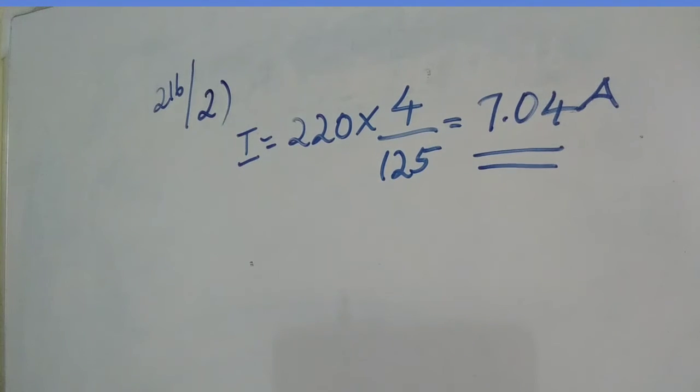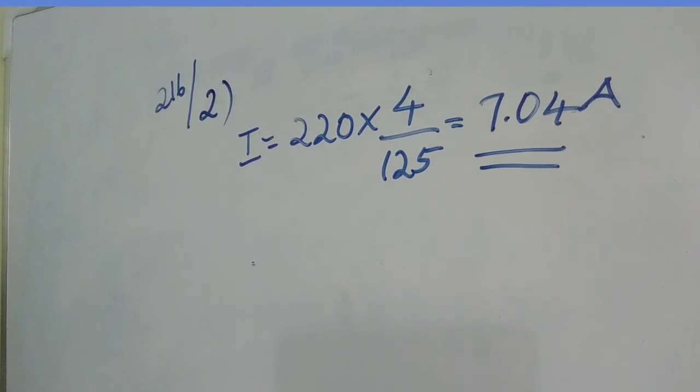Okay. The next part of the question is, what is the resistance of an electric iron connected to the same source that takes as much current as all these three appliances?